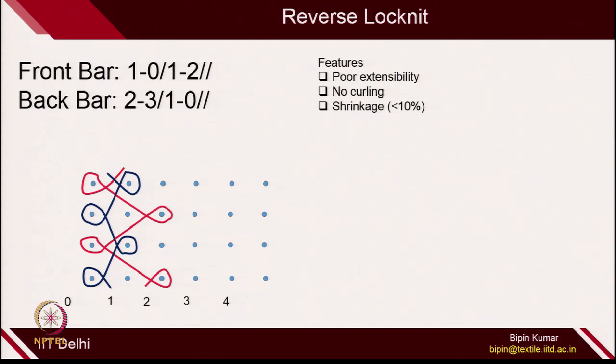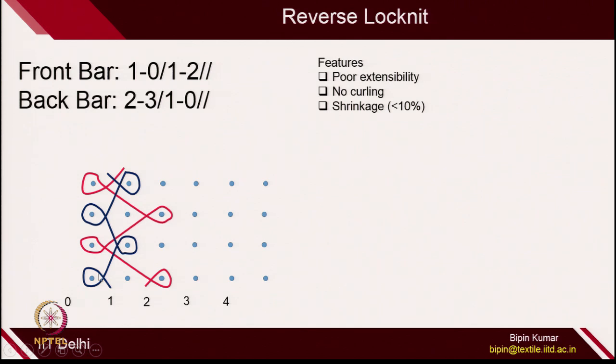Since the front bar is holding the underlap behind at the technical back side, the underlap of the back bar 3-1, which is the long float of the red one, is held by the underlap of the front one. So, even though there is a long underlap of the back bar, the fabric is not that extensible, because the underlap is held tightly by the front bar underlaps.